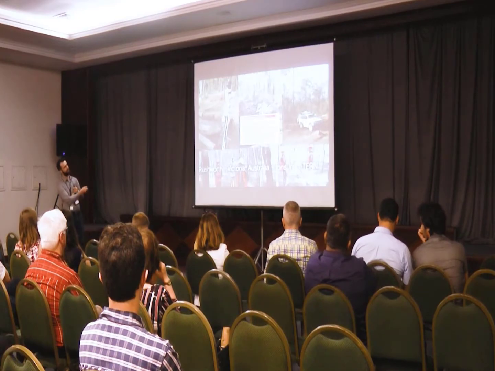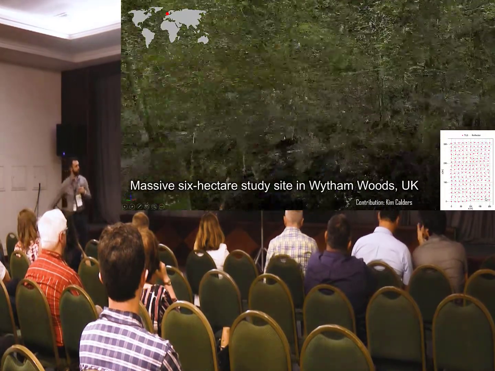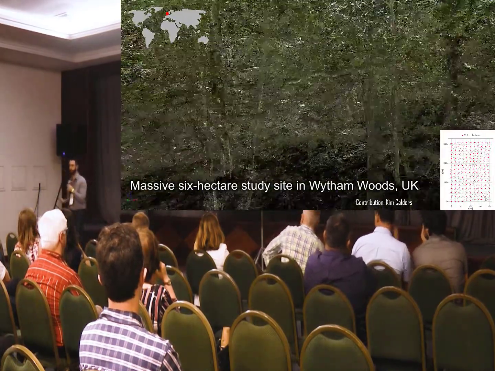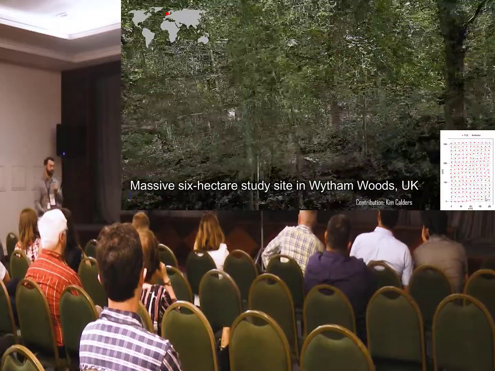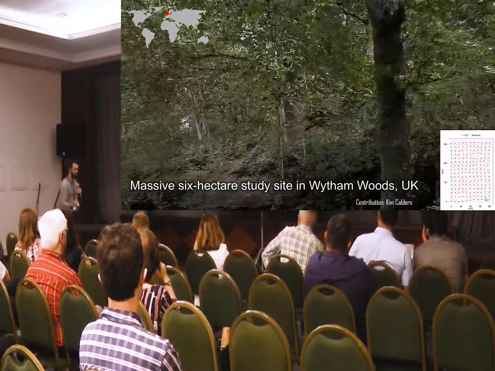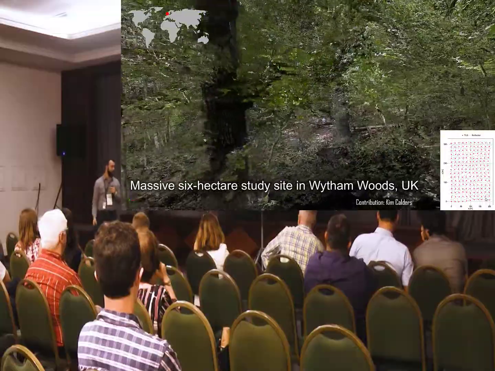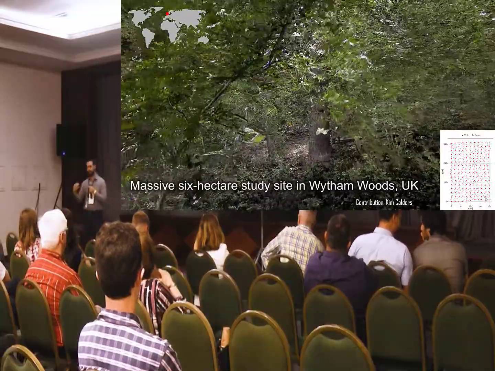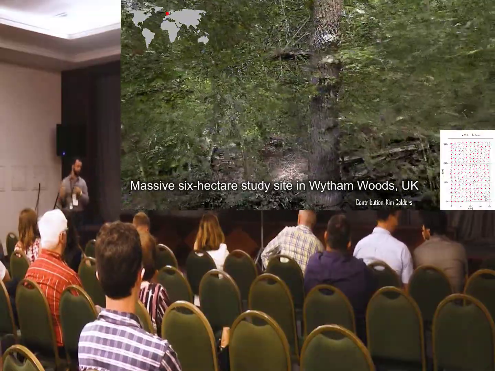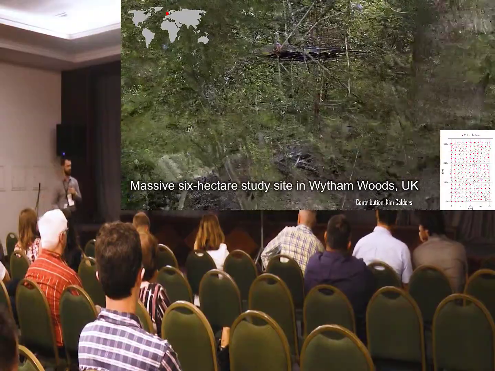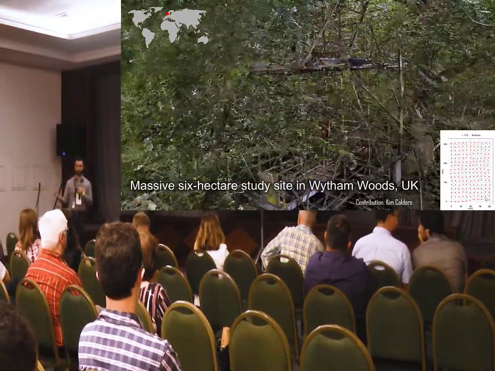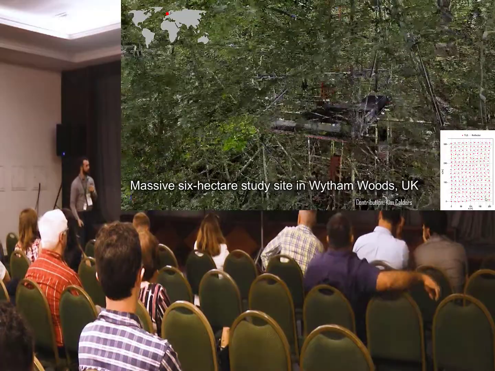Kim has also contributed a huge 6-hectare study site of Wytham Woods in the United Kingdom. At this site, he segmented lots and lots of trees, around 1,000 trees, which have also been modeled as QSMs.